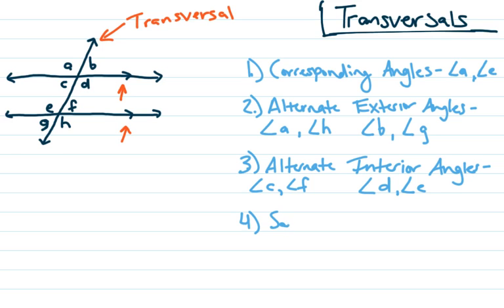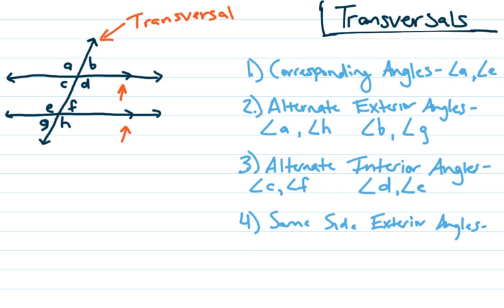Number 4 would be, now we're getting to the same side angles, same side exterior angles. These are on the same side of the transversal, but they are outside the parallel lines. I've heard these called consecutive exterior angles. I don't really care for that term as much. I think same side exterior is a little bit more clear.